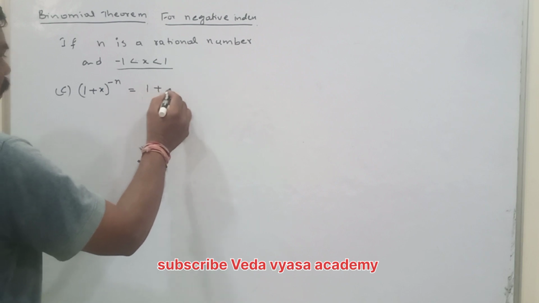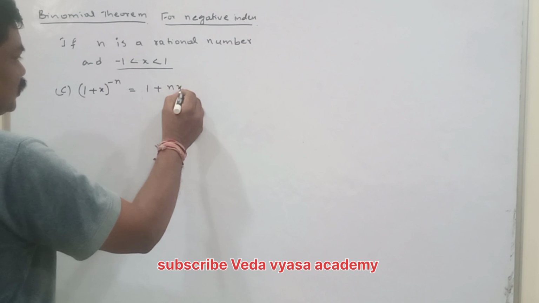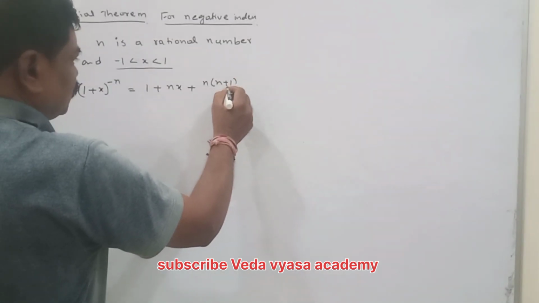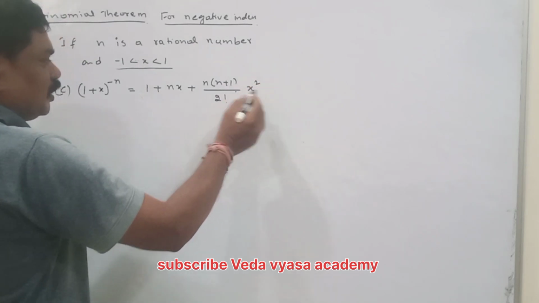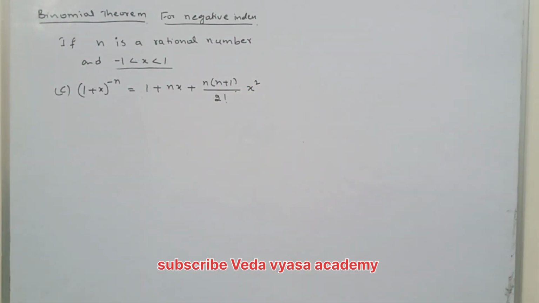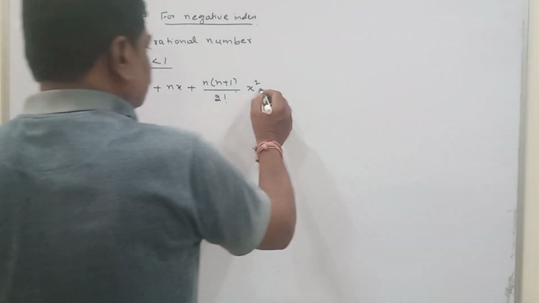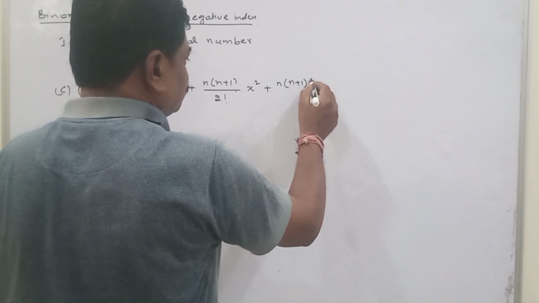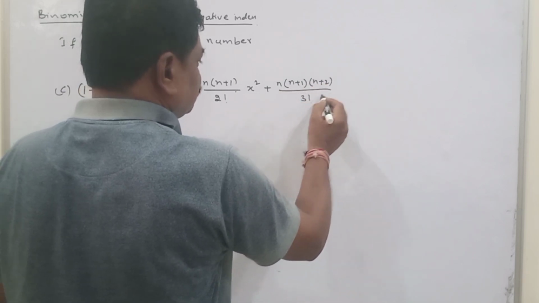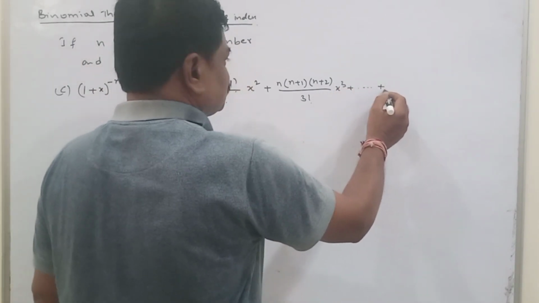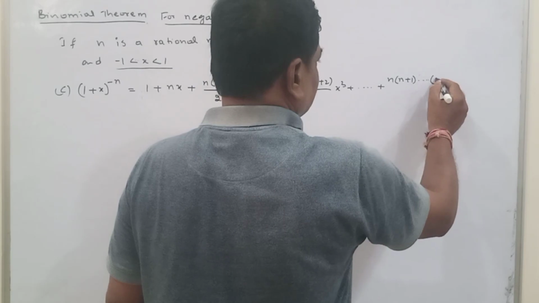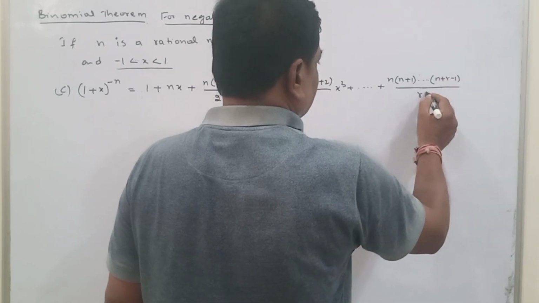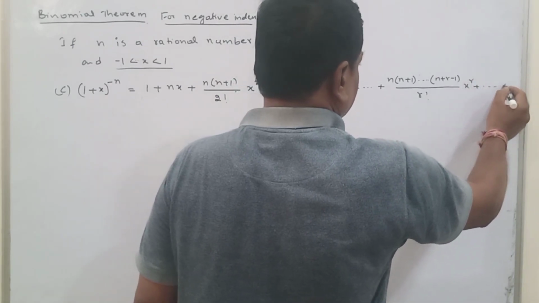It is equal to 1 plus nx, plus n(n + 1)/2! x², plus n(n + 1)(n + 2)/3! x³, plus and so on, plus n(n + 1) and so on (n + r − 1)/r! x^r, plus and so on up to infinity.